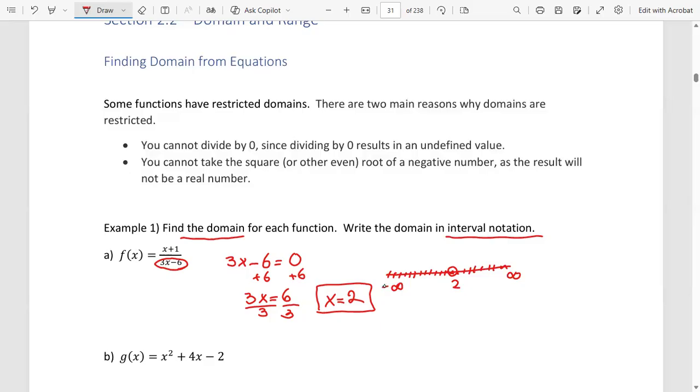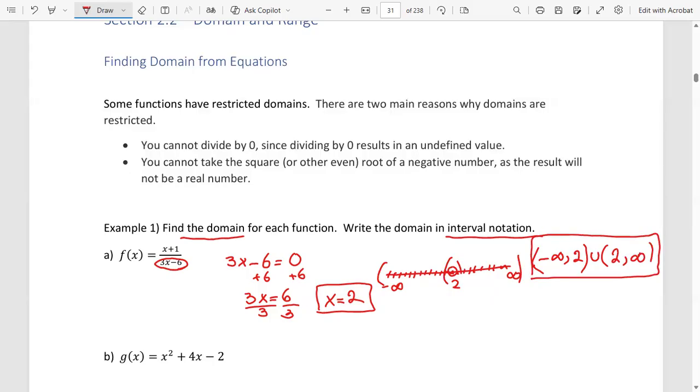So one interval starts from negative infinity to 2. Since 2 is not included, make sure to leave a parenthesis. Another interval starts from 2 to infinity. And all these numbers can be part of the domain, so I will put a U in between that shows it all together, the union of all these intervals.